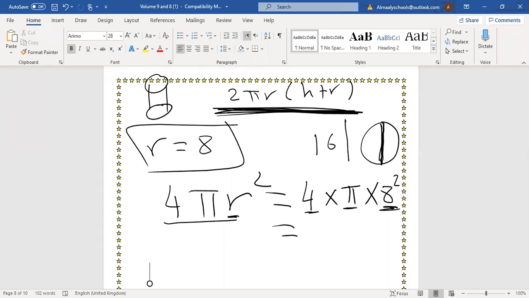Can you calculate it using your calculator? Okay. Pages 119 and 120 in the workbook will be your homework.